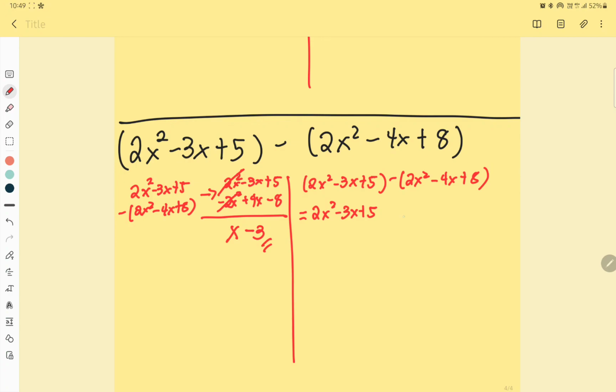Changing the sign per term, so we have now 2x squared plus 4x minus 8. Now, combining now like terms, so we have now 2x squared minus 2x squared minus 3x plus 4x plus 5 minus 8. So having that will be cancelled because it's 0. That will be x and then minus 3.